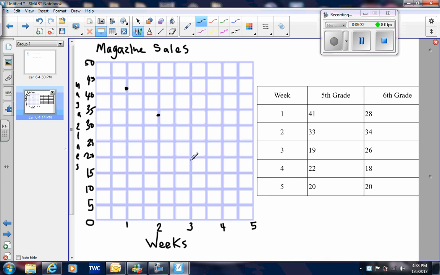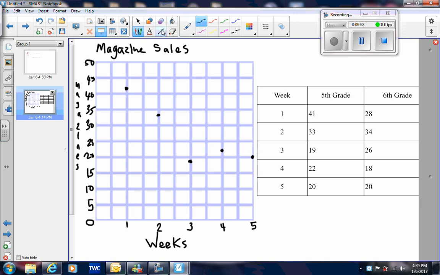Here's 20. 19 is just below 20. A little bit closer to 20 than I am to 25. And week 5 ends right on 20, so I can be right on that line.